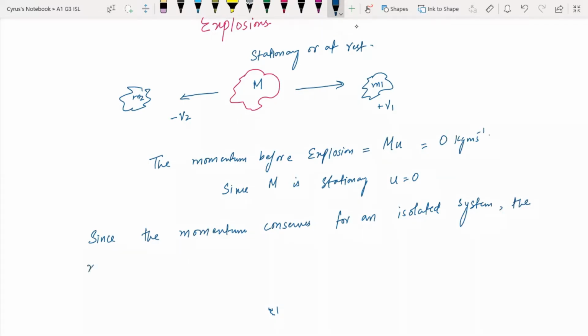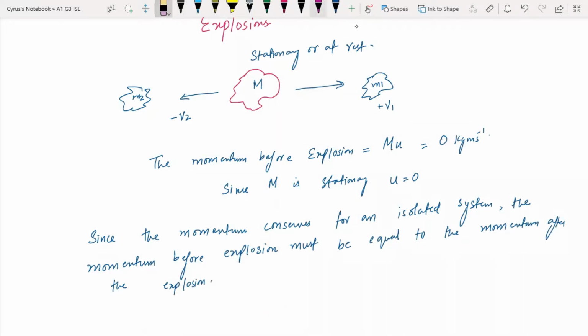The momentum before explosion must be equal to the momentum after.